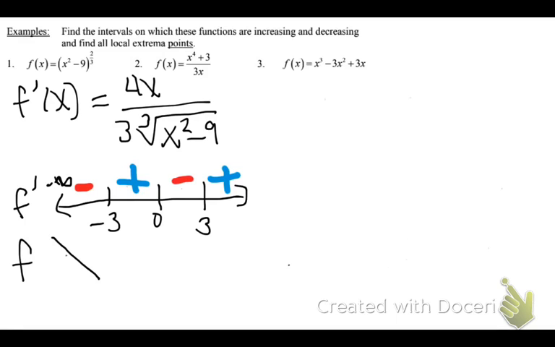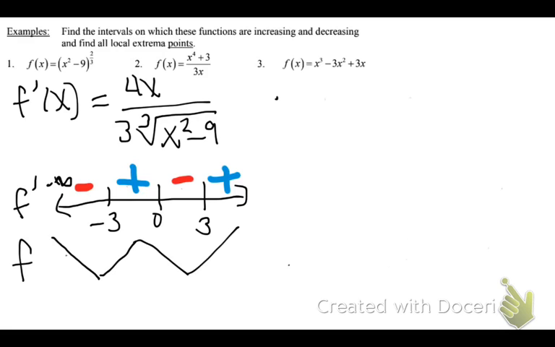And then at negative 3 we have a change, and we go from decreasing to increasing, and then increasing to decreasing, and decreasing to increasing. So if you have a change in the sign of the derivative at the critical number or an excluded domain value, then we say we have either a max or a min. So it just depends on what the function is actually doing.